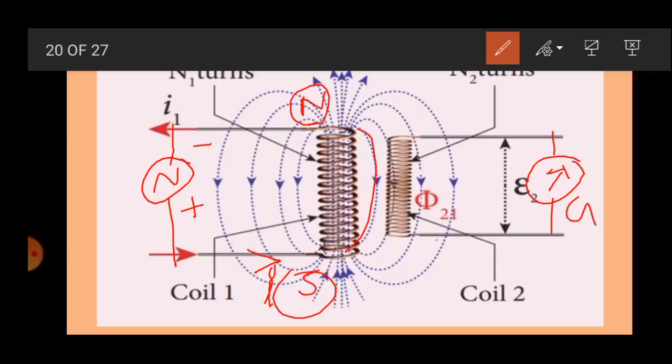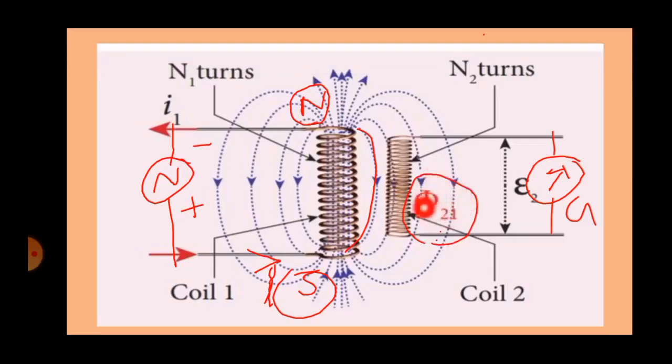So now see, this is the magnetic flux linked with coil 2 due to coil 1, therefore phi 21. The magnetic flux linked with coil 2 is directly proportional to the current I1 of the primary circuit, which is nothing but coil 1.